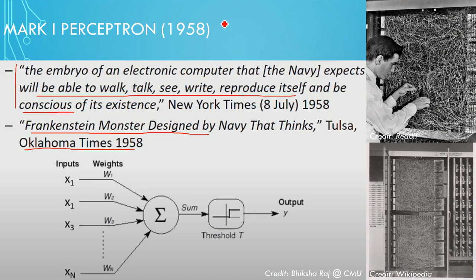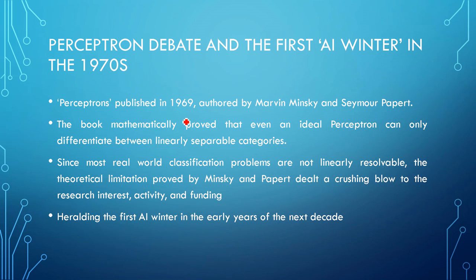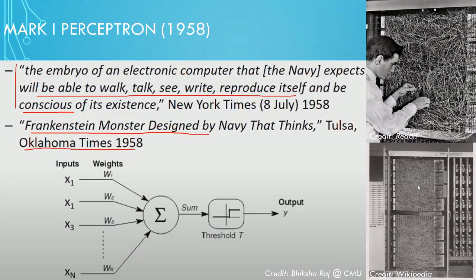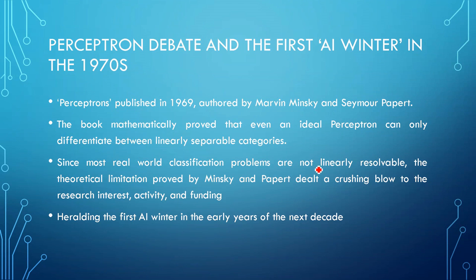So this is the first Mark I perceptron. Immediately after that, not immediately, because it took around 10 years when the interest went on increasing. And then there was a sharp fall in interest around 1969 when the book named Perceptrons was published.